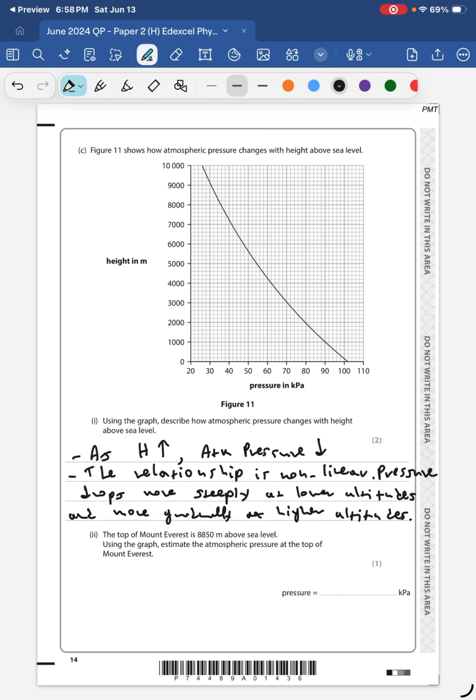Okay. Question 2. The top of Mount Everest is 8,850 meters above sea level.